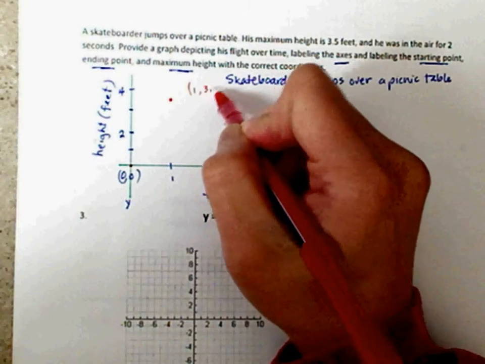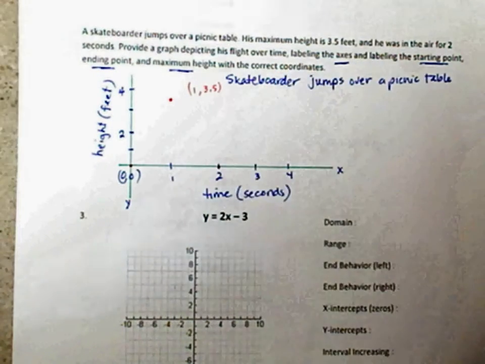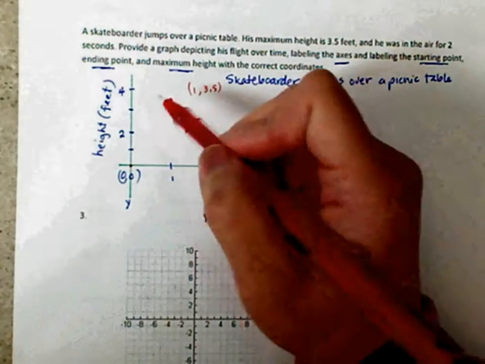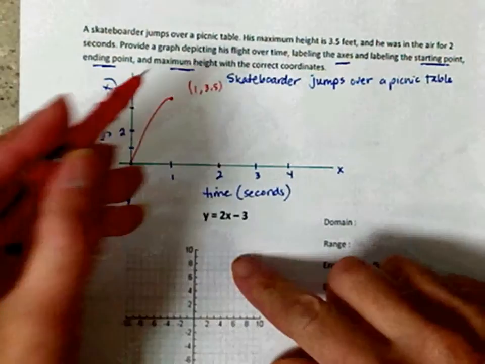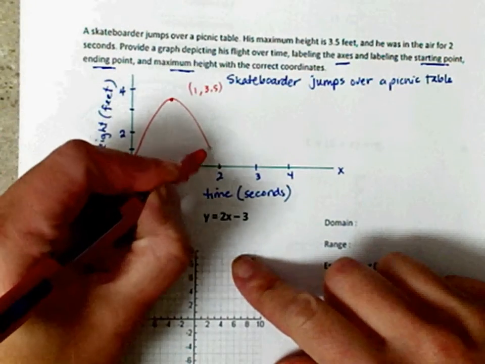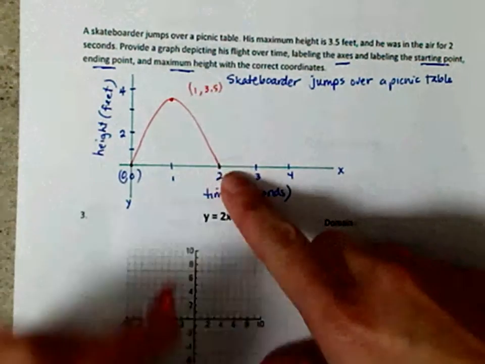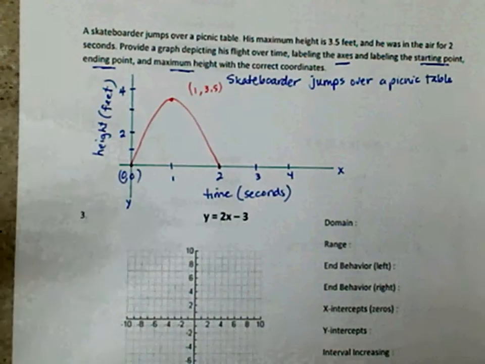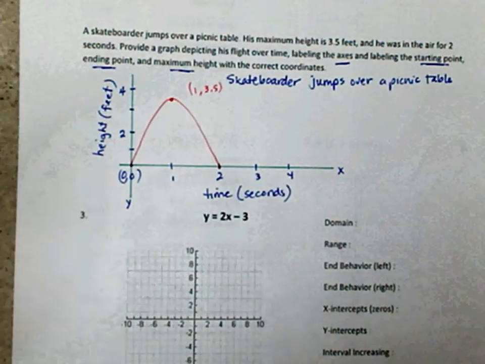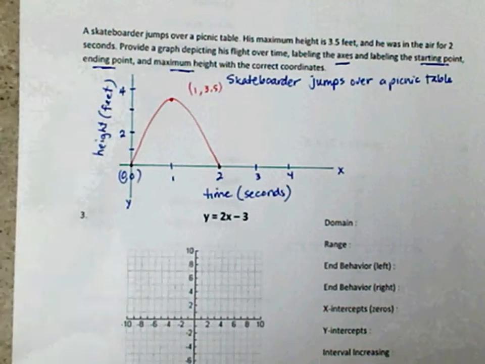So 1, 3.5. This is his maximum height. And then I have my graph. Starts here and continues on down. Now notice he didn't go past, because he would have gone past the ground. So that doesn't make sense. So you need to stop it right there.